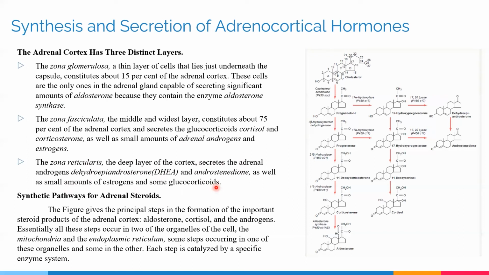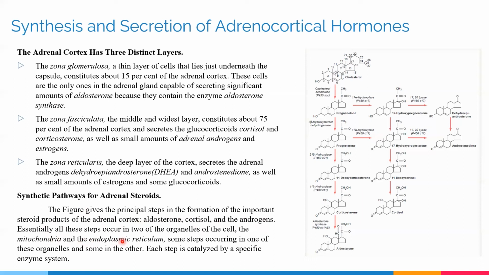Next, we look into the synthetic pathways for adrenal steroids. The figure gives the principal steps in the formation of important steroid products of the adrenal cortex: aldosterone, cortisol, and the androgens.